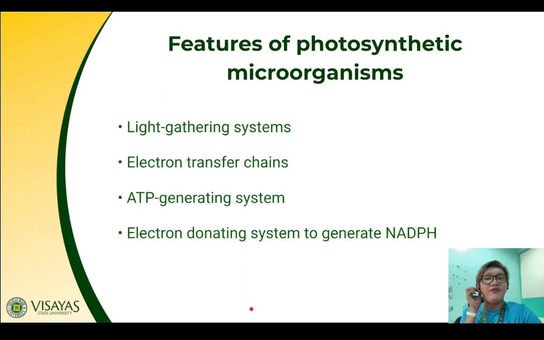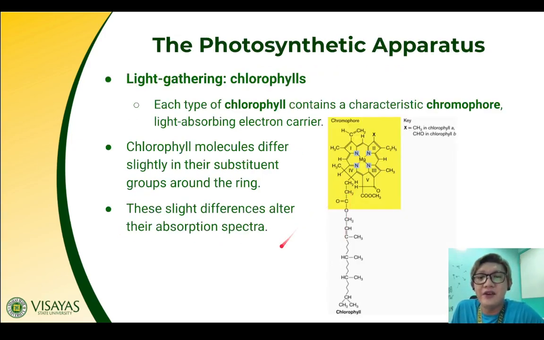So what are the features of photosynthetic microorganisms? So they have light gathering systems, electron transport chains, ATP generating system, and an electron donating system to generate NADPH. Okay, so the light gathering system example are the chlorophylls. So each type of chlorophyll contains a characteristic chromophore, a light absorbing electron carrier.